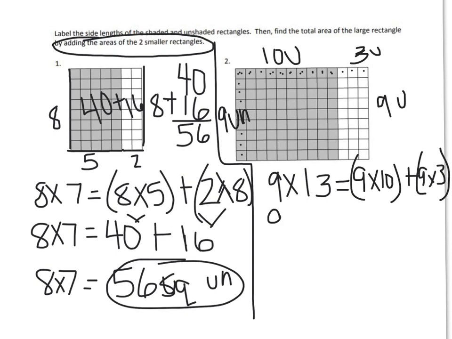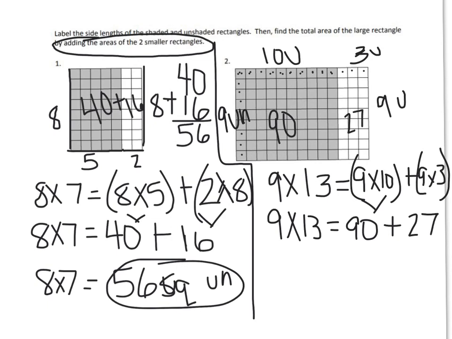So 9 times 13 equals 9 times 10. Again, you're just counting by tens. That's 90. So this would be 90 plus 9 times 3 is 27. So I know this is 27.